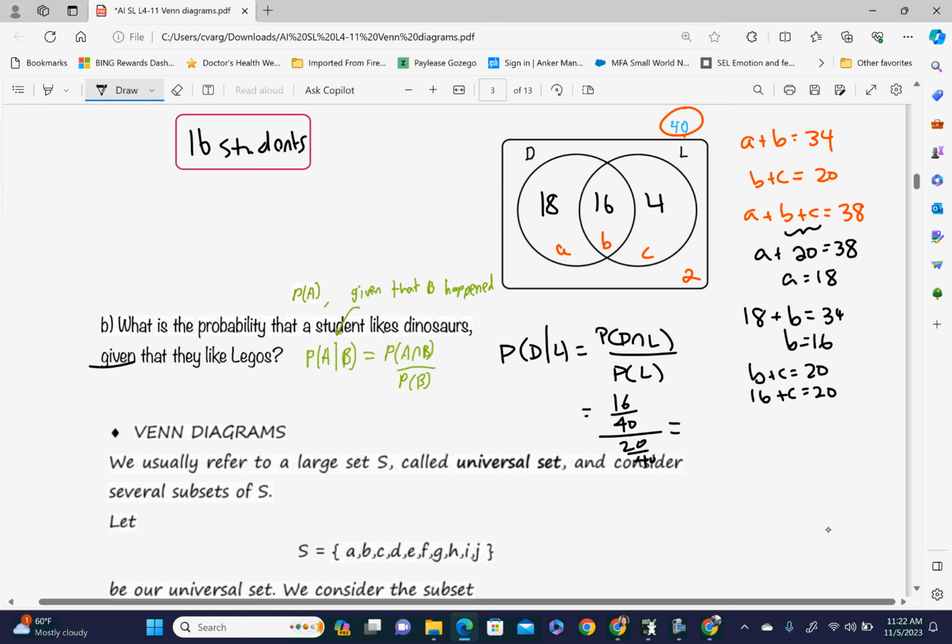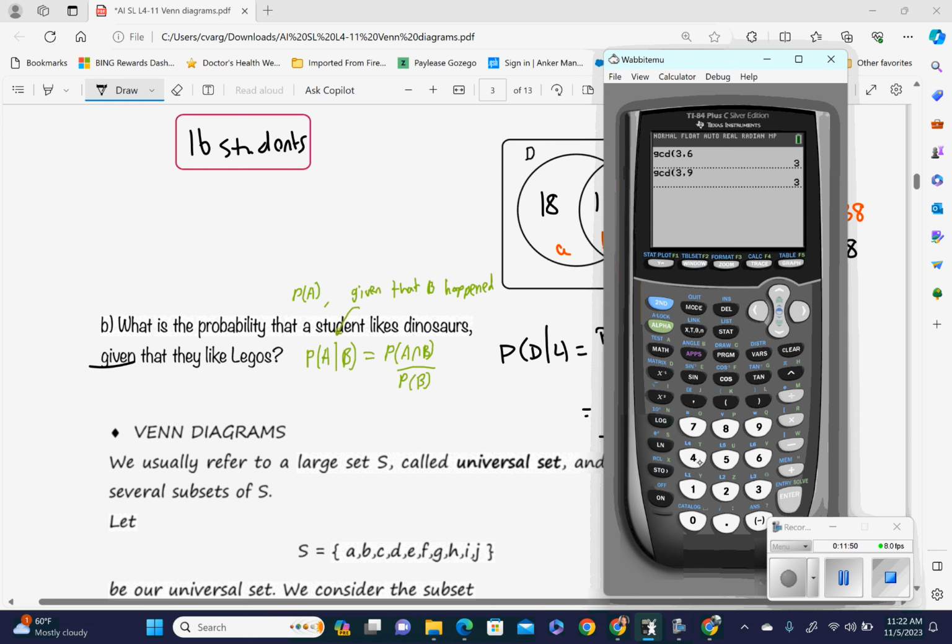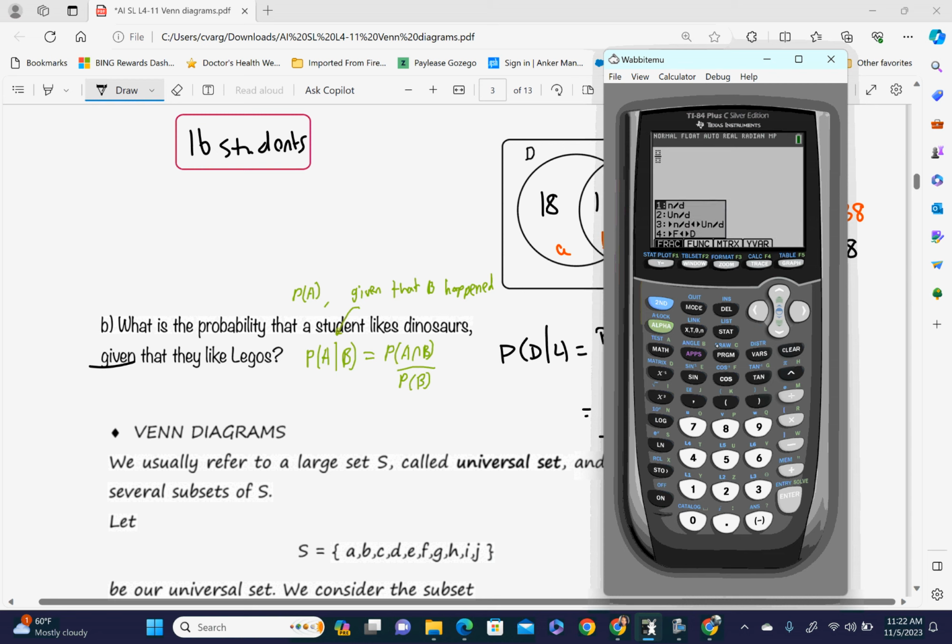This goes into our calculator. I'm just going to show you how to do this. Alpha y equals, option number 1. Then I want to put another fraction, so alpha y equals again, option number 1, and you see the other fraction.